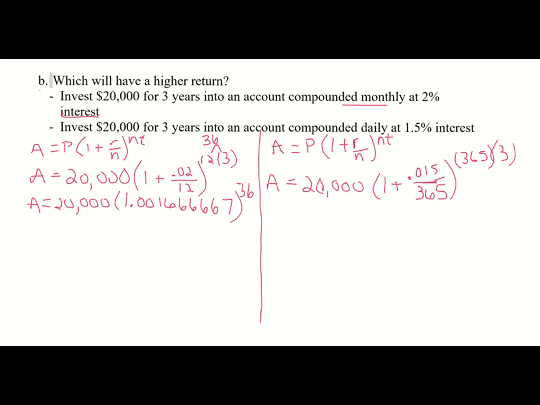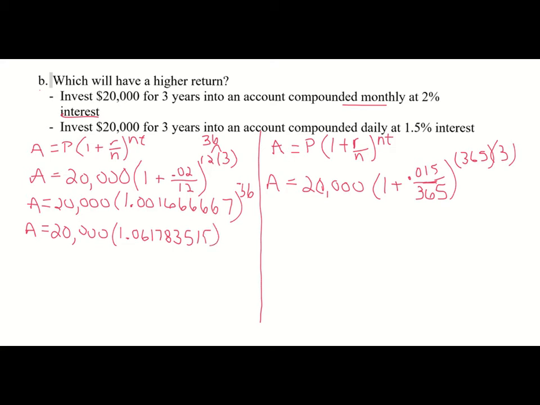And so I am left with A is equal to 20,000 times 1.061783515.